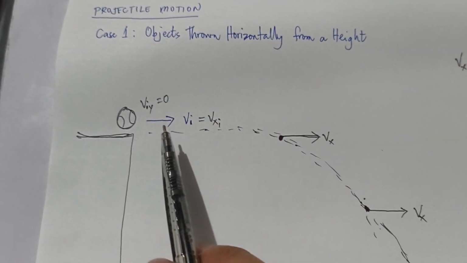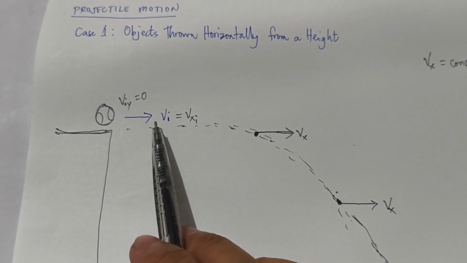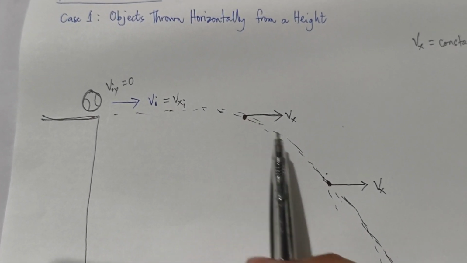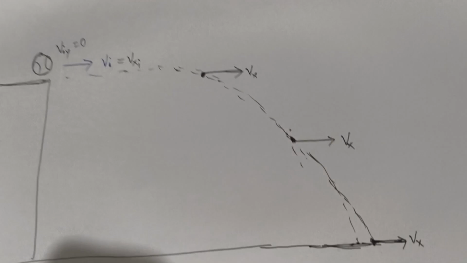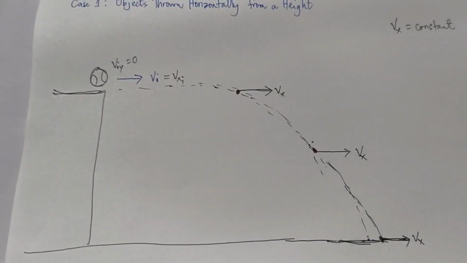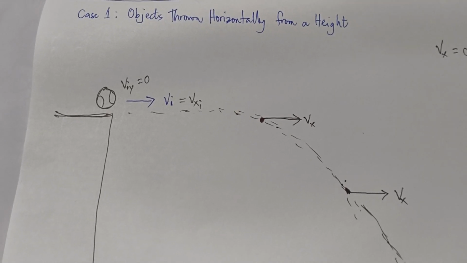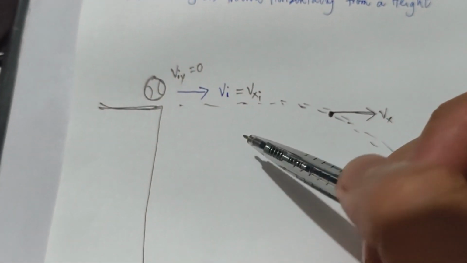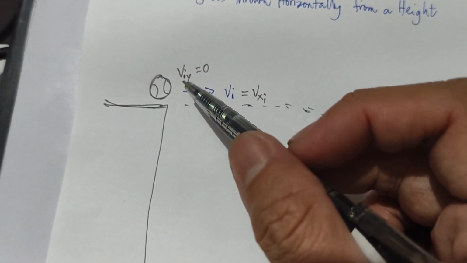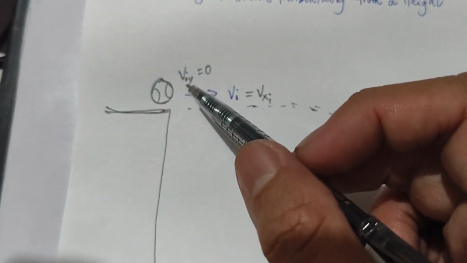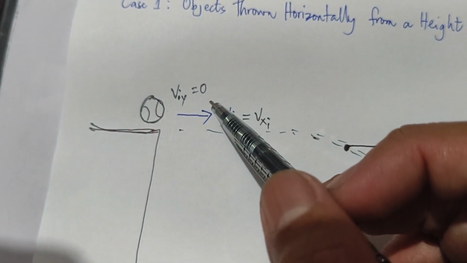Say for example, ang binigay na initial velocity ay 5 meter per second. All throughout the path of the projectile, the horizontal component of the velocity will be equal to 5 meter per second. On the other hand, if we analyze the vertical component of the velocity, initially it is 0.